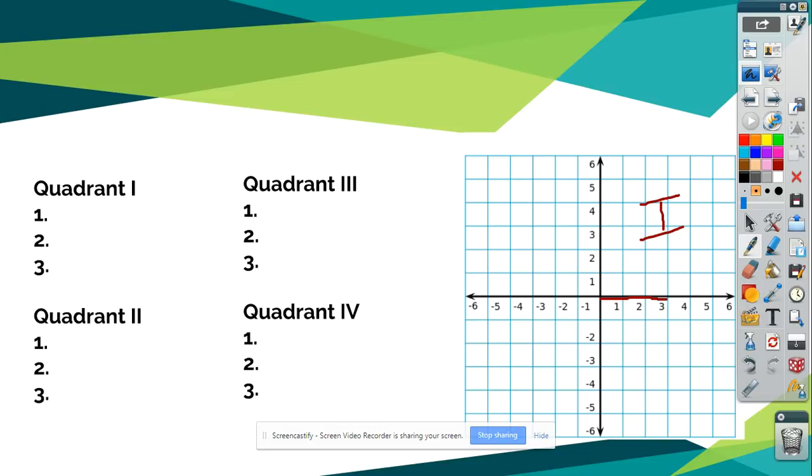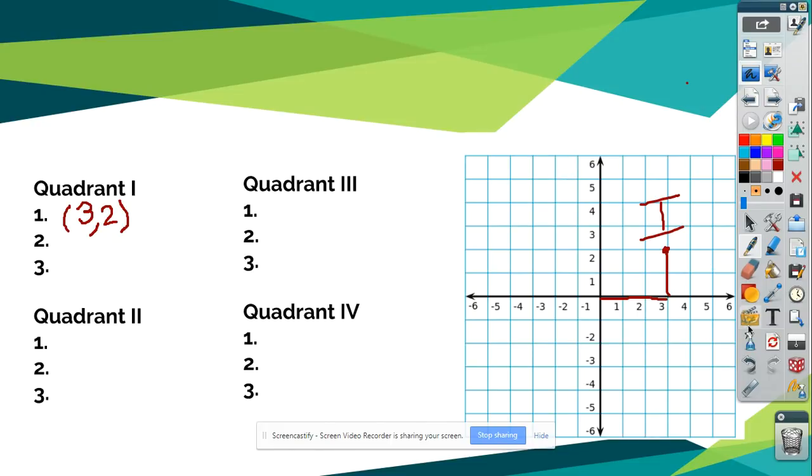So I'm going to go +3, +2, and plot my point right here. Okay, so now I could write my ordered pair as 3, 2. Okay, so I'm going to put +3, comma, +2.